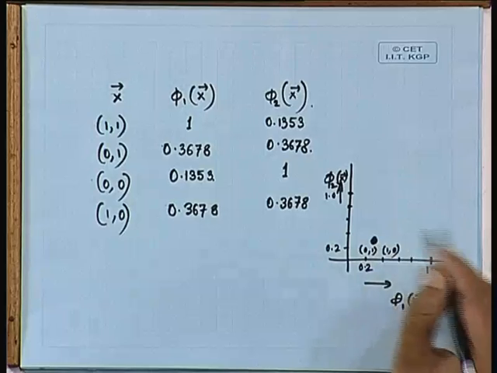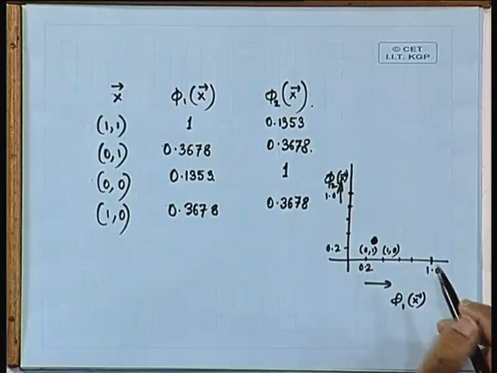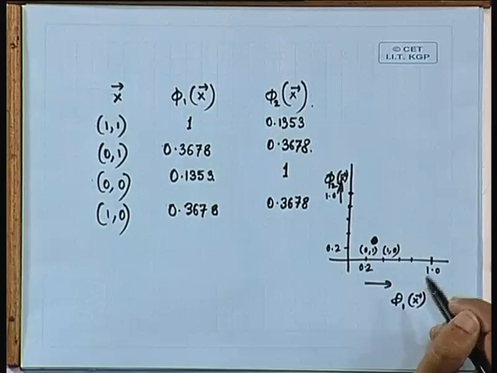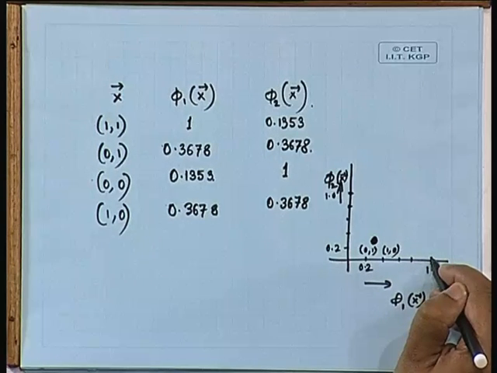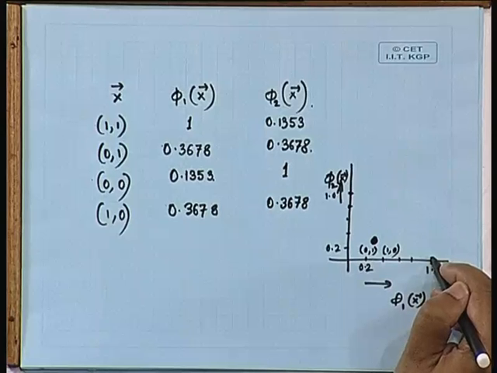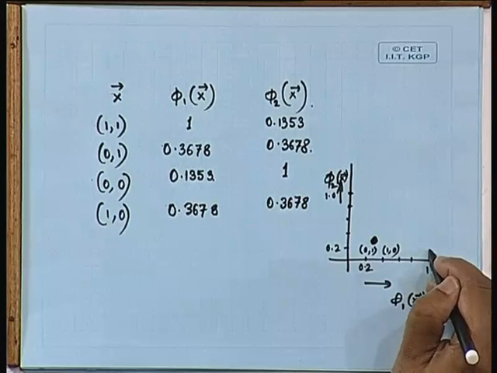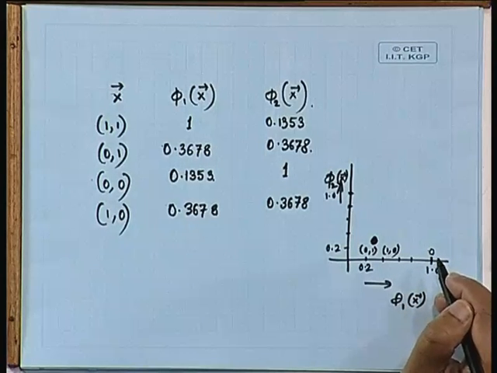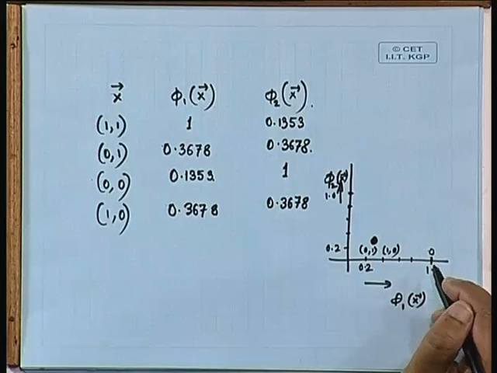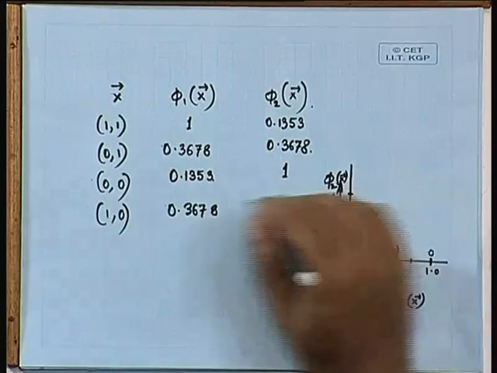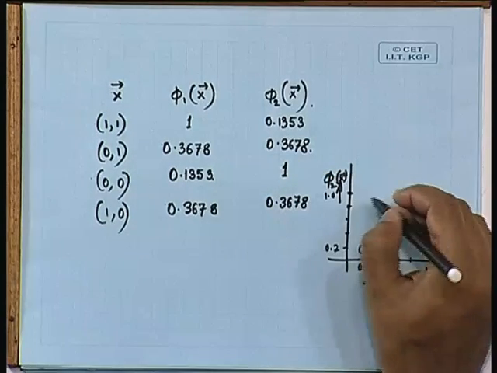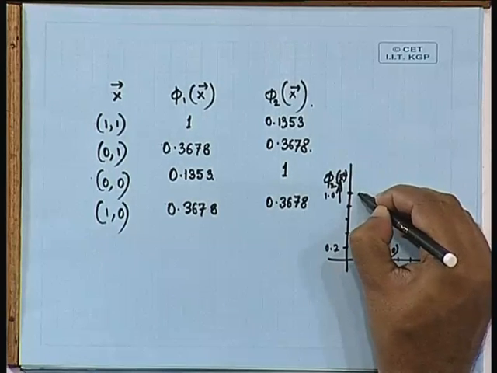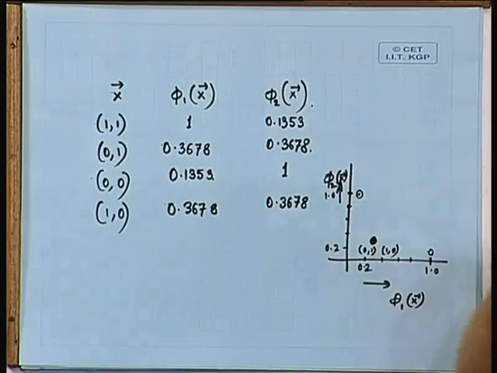Okay. So, this is the 0 1 and 1 0 pattern, and then for the 1 1 pattern, where will it be? It will be with phi 1 equal to a value of 1 and phi 2 equal to a value of 0.13. Okay. So, somewhere over here there will be an open circle, okay. And likewise for phi 2 equal to 1, phi 2 equal to 1 means here, and phi 1 equal to 0.13, we will be having another point, with an open circle.